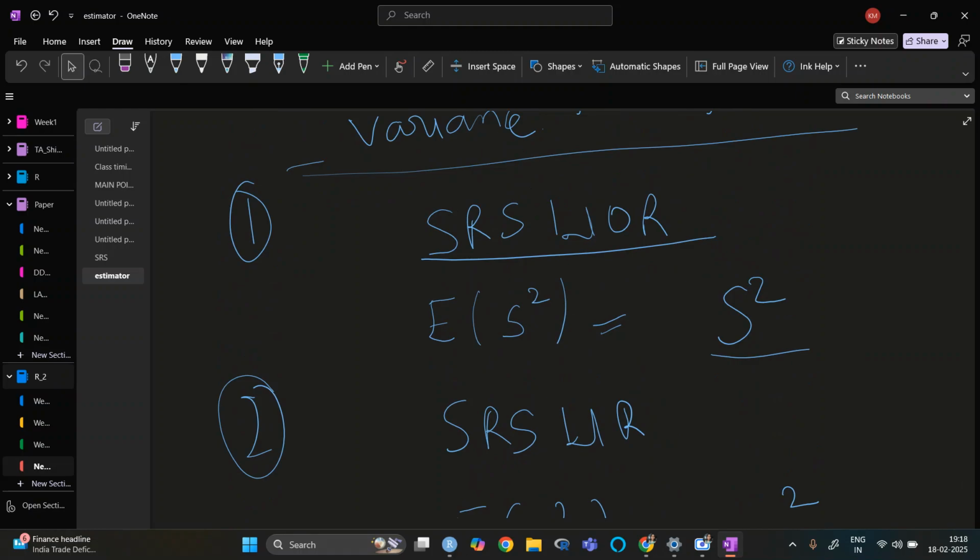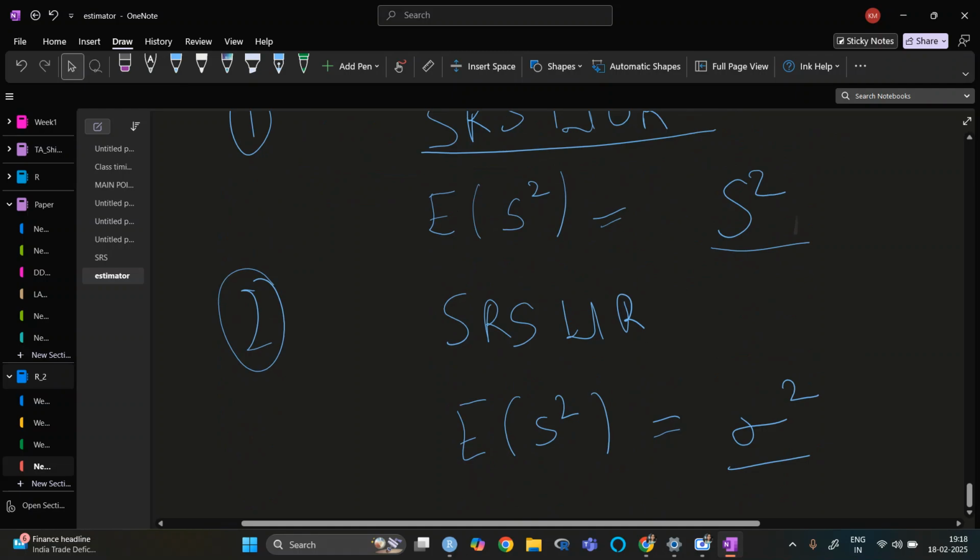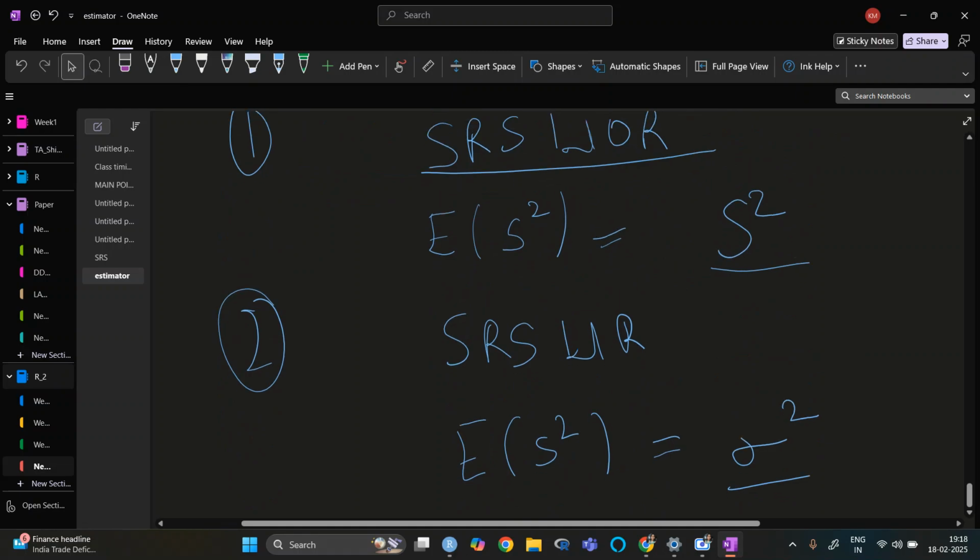Okay. So the next thing that is important: in SRSWOR we have this S square, and in SRSWR we have this sigma square.